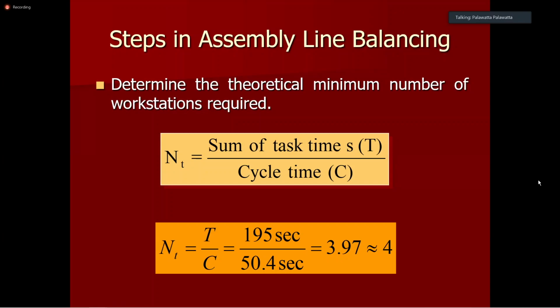We can't have fractional workstations, so you need to round up. Even if you get 3.02, you have to round up to 4, because that fraction also has to be completed. So the theoretical minimum number of workstations is 4.